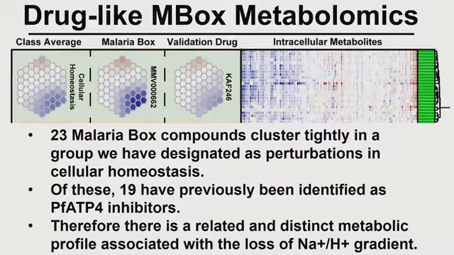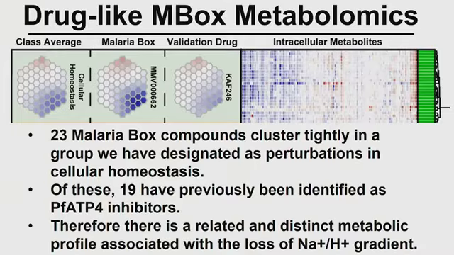So in other words, it's already known that they all function similarly, although when you look at what metabolic perturbation is happening, it's hard to reconcile that a particular metabolic pathway is being directly targeted by these compounds. So there's some broader manifestation going on, and hence our description here calling it cellular homeostasis.